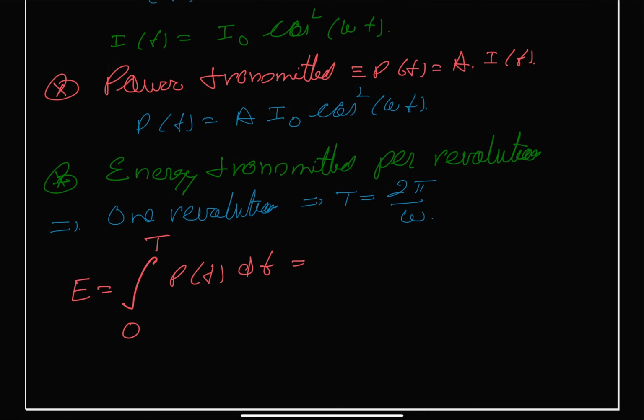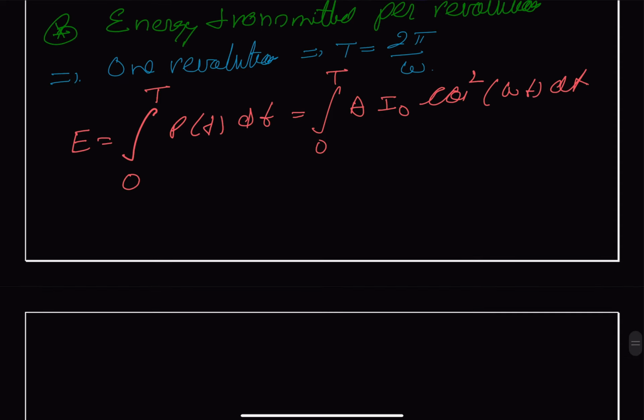We substitute the value 0 of t, we have this as a I naught cos square omega t, and this is our dt. And cos square omega t, we can write it in a double angle form. We can write that cos square omega t is equal to (1 plus cos 2 omega t) divided by 2.